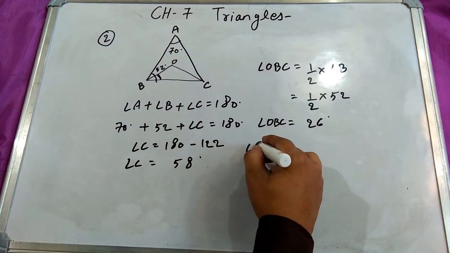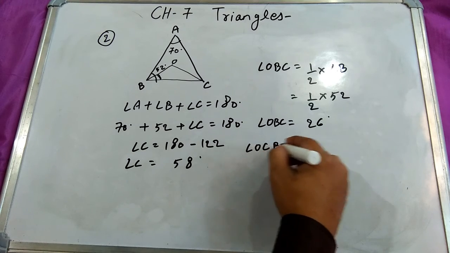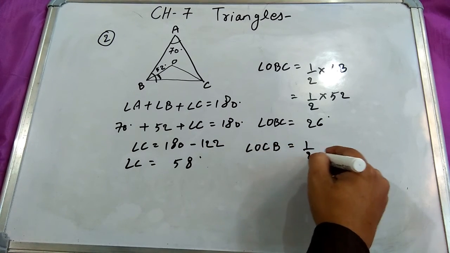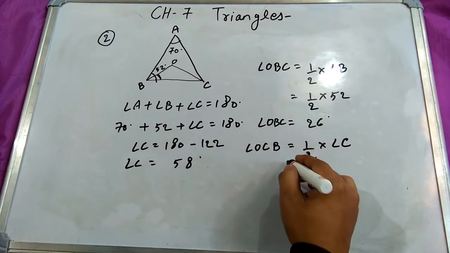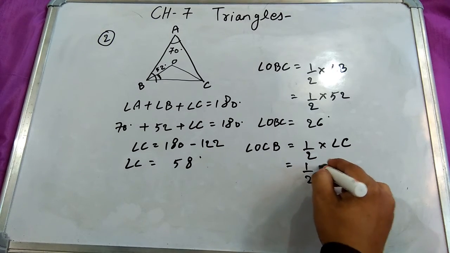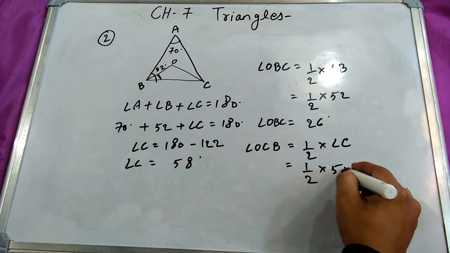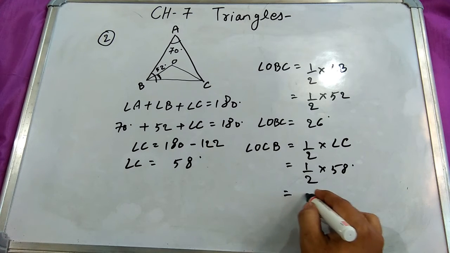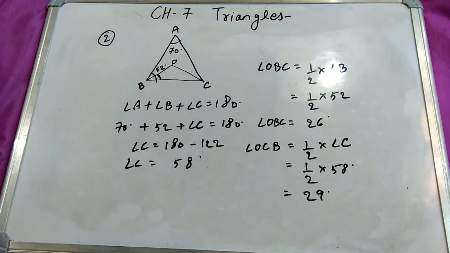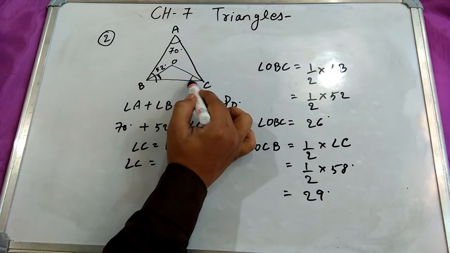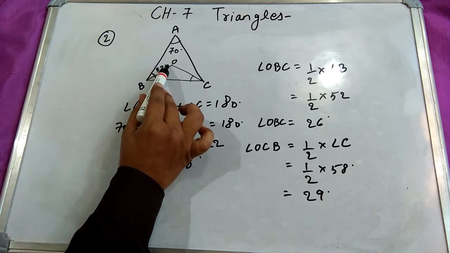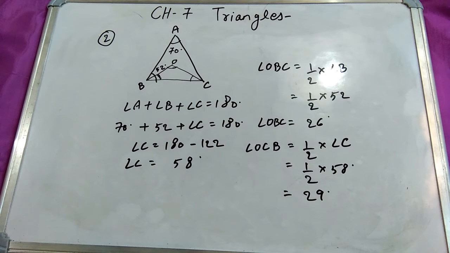Similarly, angle OCB equals half of angle C, and we know angle C, which we recently found, is 58 degrees. So angle OCB is 29. Okay, so we found the value of this angle, now we can easily find angle BOC.